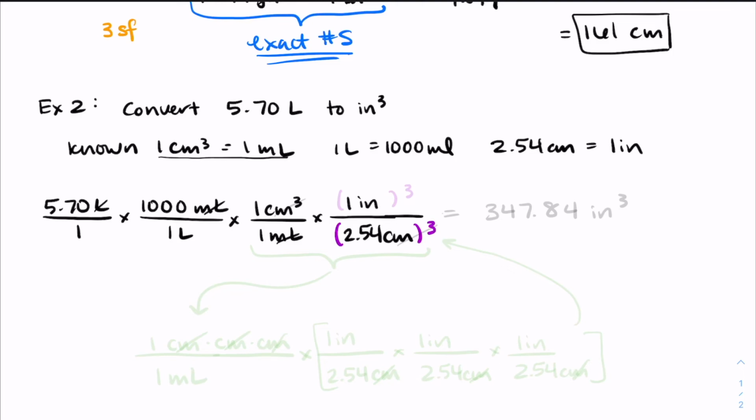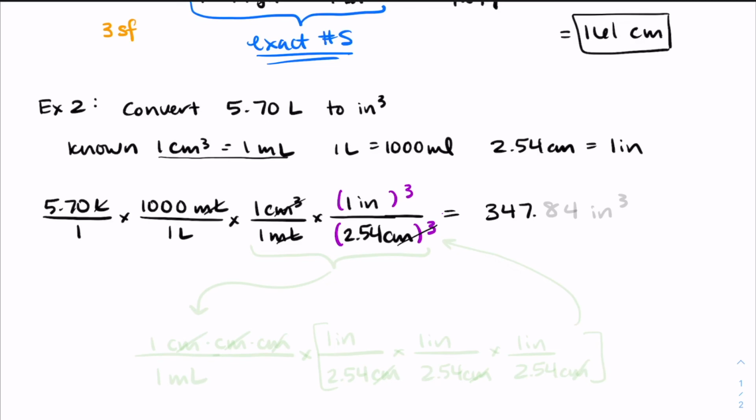Now, I will do an expanded version of this for you in a second so that you can see exactly why we're cubing it. This is the number one error that I see for students when doing unit conversions like this. So please watch out for cases like this to make sure that you've accounted for all of the pieces. So if I cube the conversion factor, then centimeters cubed will cancel and I'll be left with inches cubed.